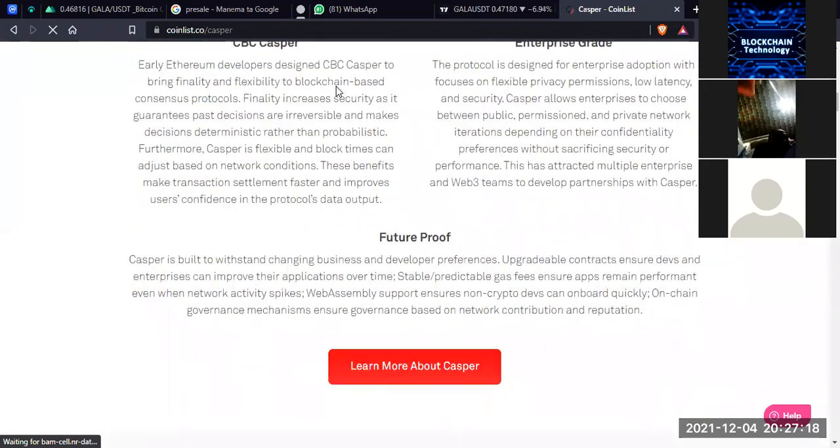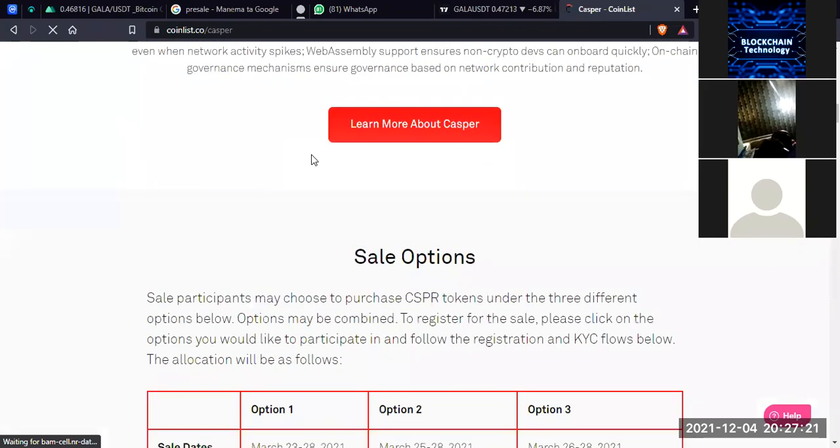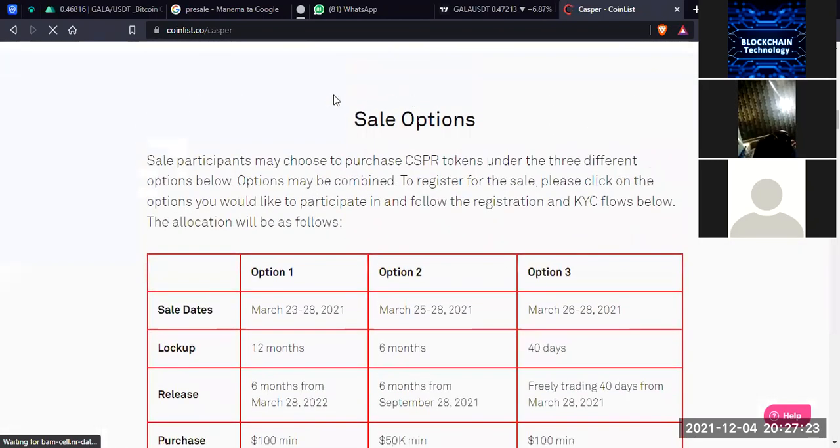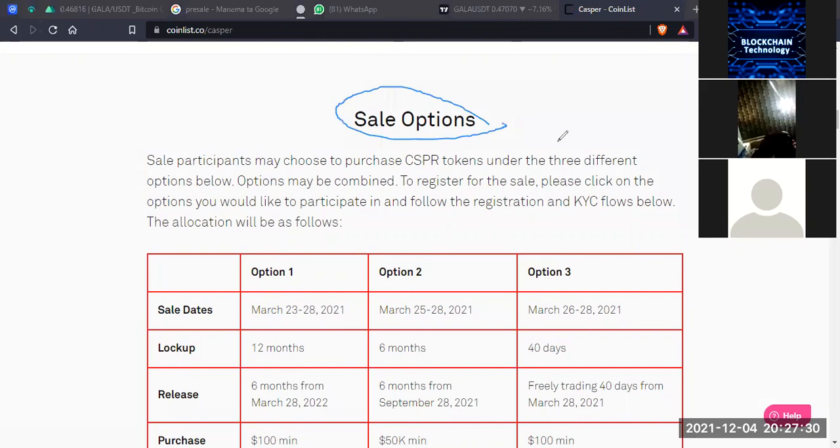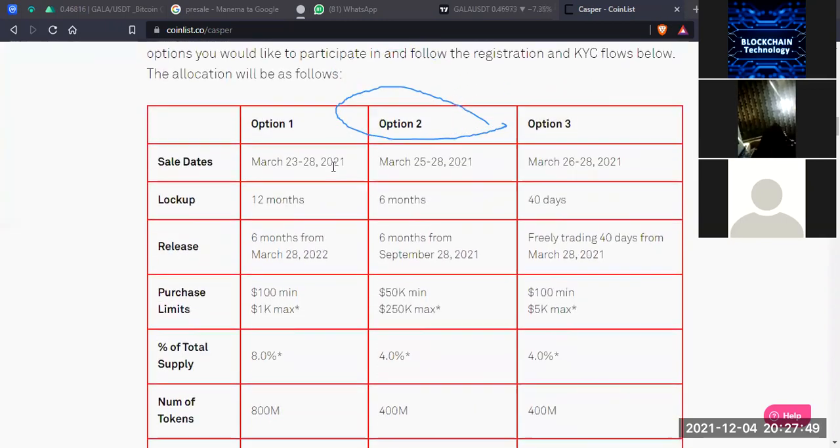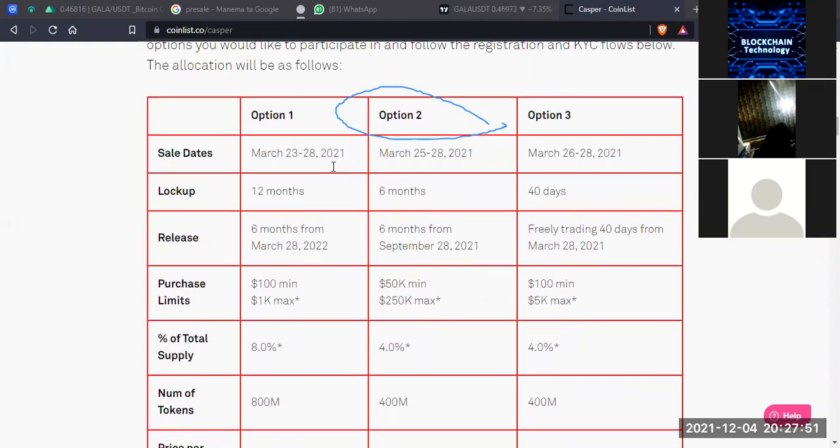So after you have read about the project and you want to invest, you move over to these sell options. You can check out the options, what they have in stock for you, how long they are going to hold the token, or if they are going to release it immediately for you. So these are the options that were available.